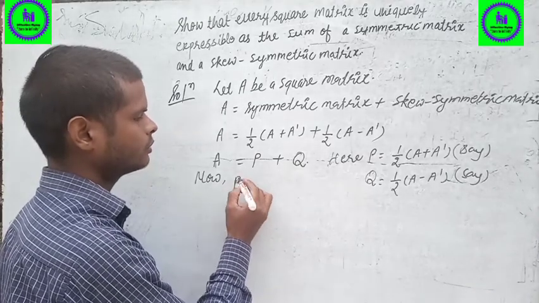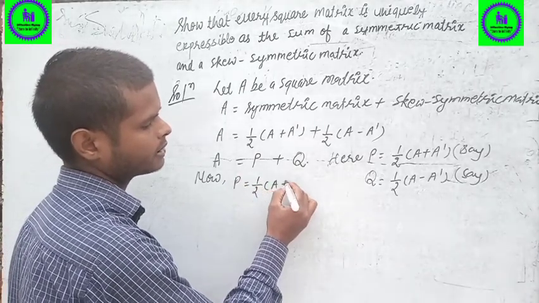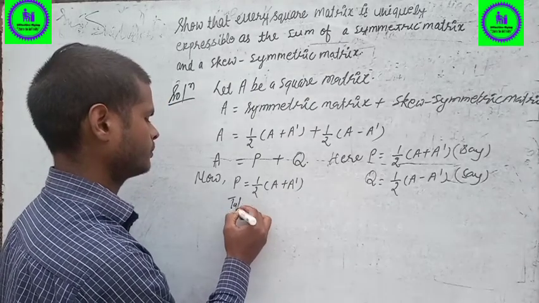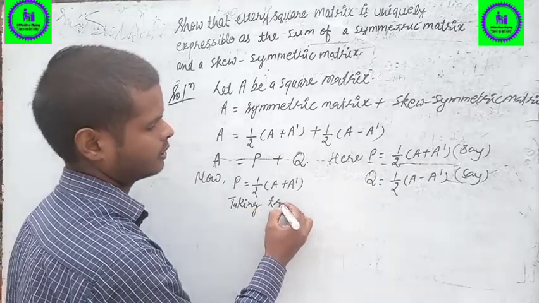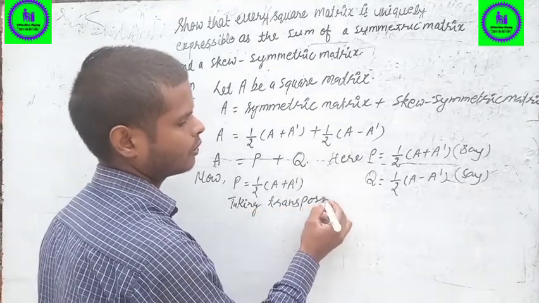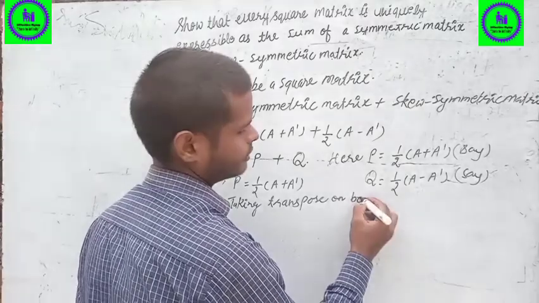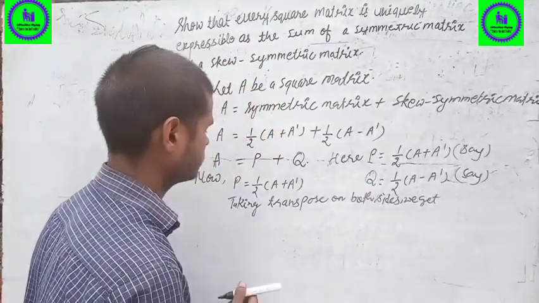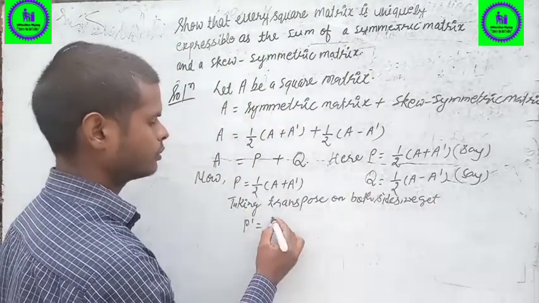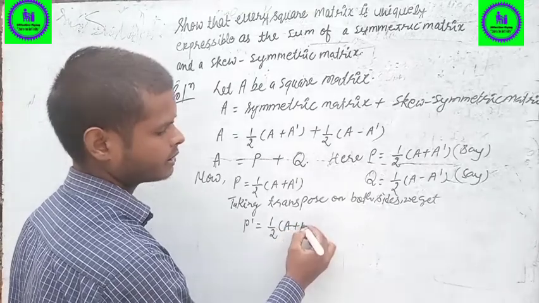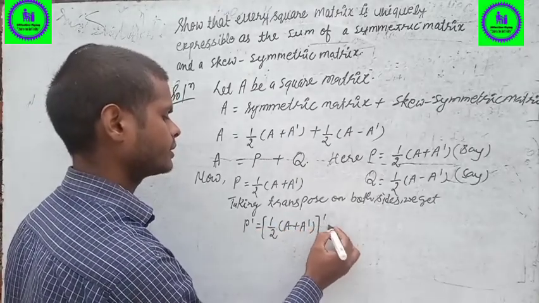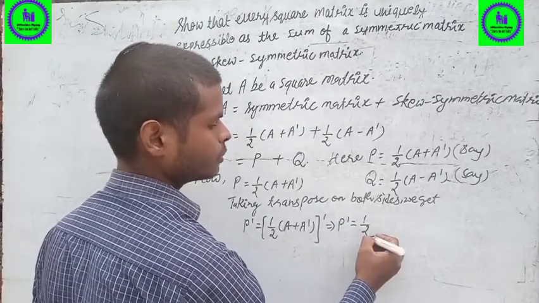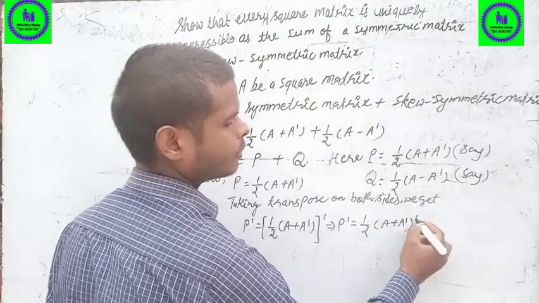Now P is equal to 1 by 2 (A plus A dash). Taking transpose on both sides, we get P dash is equal to 1 by 2 (A plus A dash) whole dash.